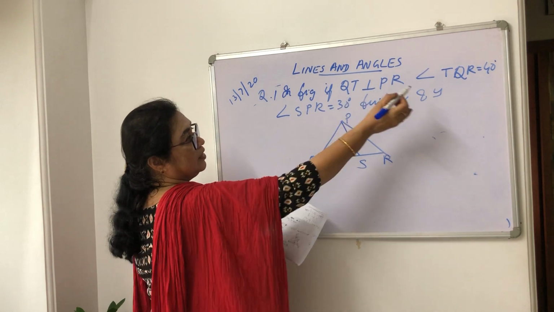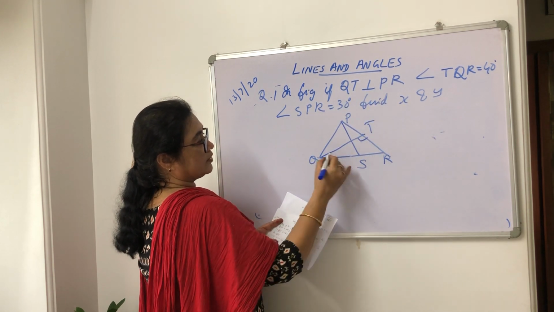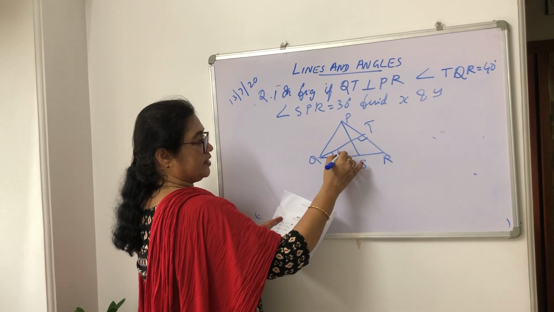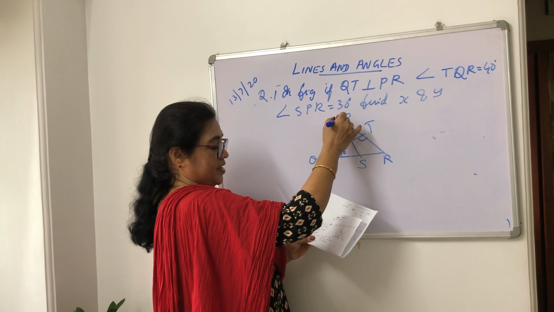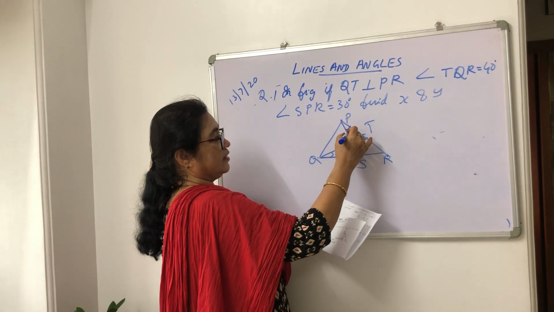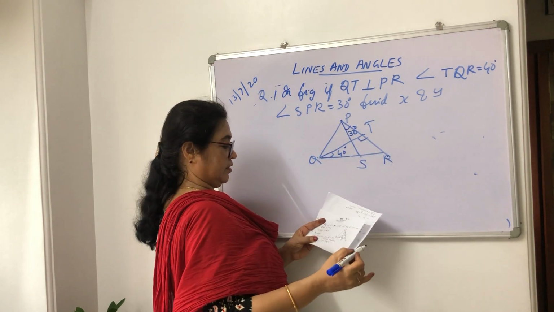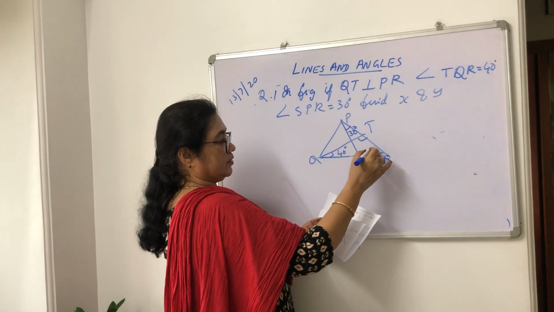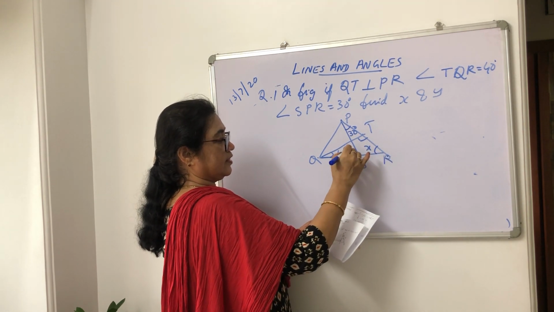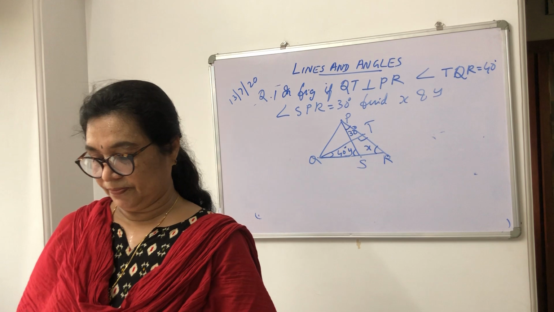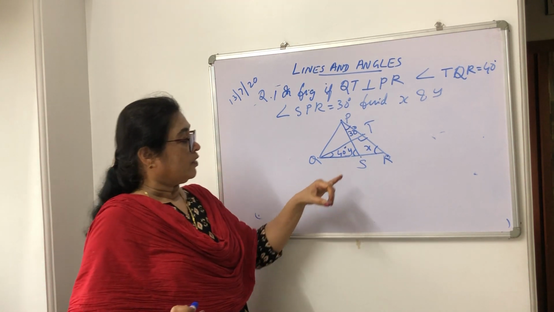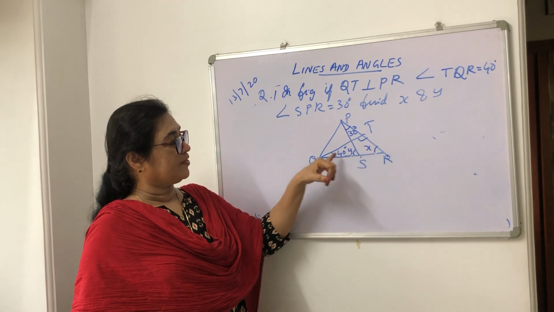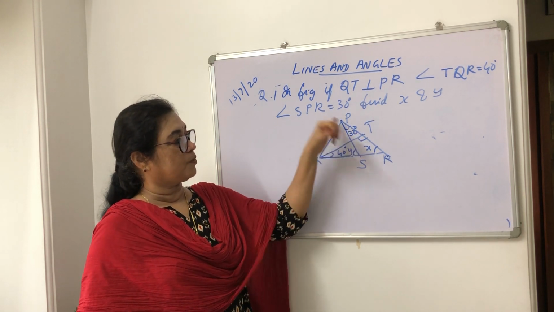This angle TQR is 40 degrees, then SPR, this angle is 30 degrees, this angle is X and this angle is Y. You have to find out these angles X and Y. These are the given angles and this is perpendicular to PR.